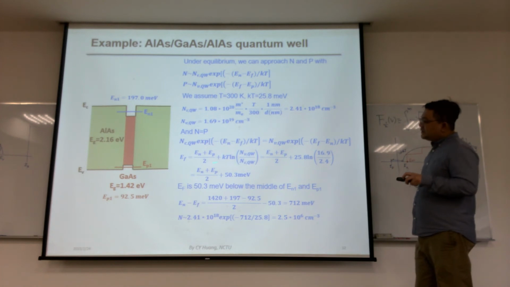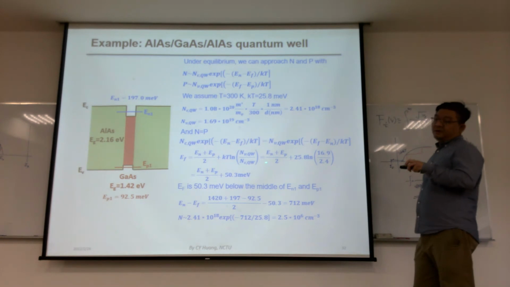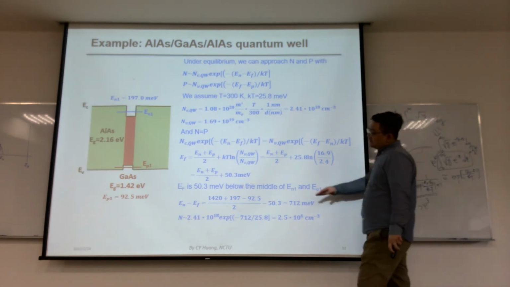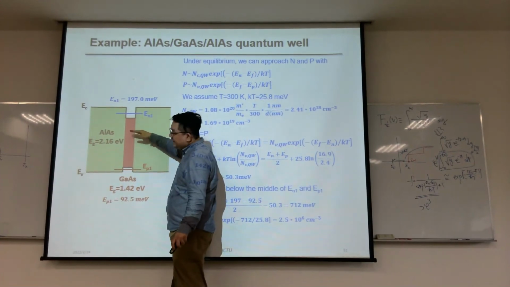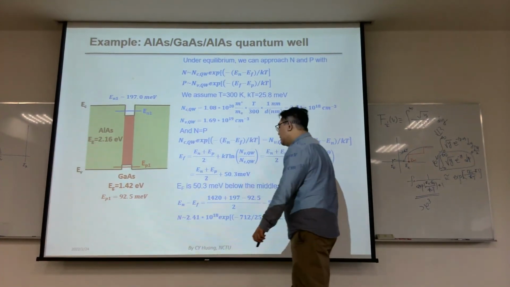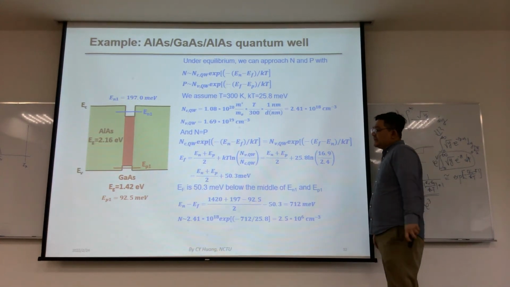So it should be somewhere in the middle of EN1 and the EP1, then plus 50.3 meV.